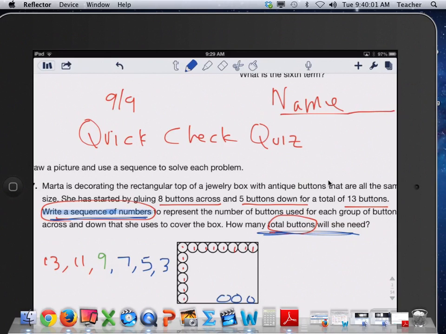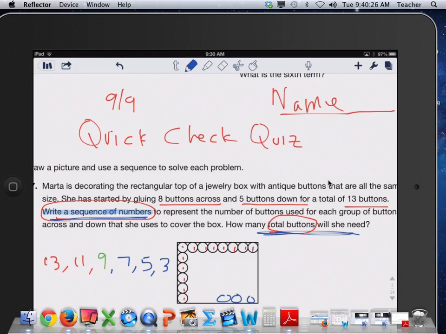Why, if they got the sequence right, but they didn't find the total, are they getting a 2? Yeah, because they got half of the answer right. They got this answer right, they're missing the other answer. So it's out of 4? Yes, out of 4. So it's 2 out of 4.